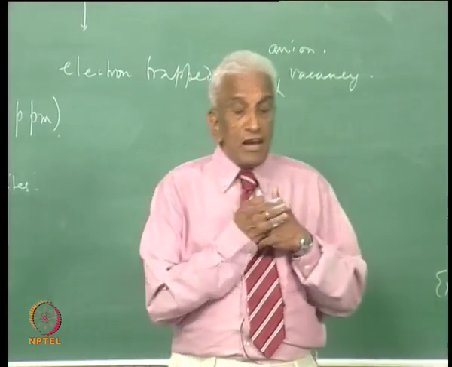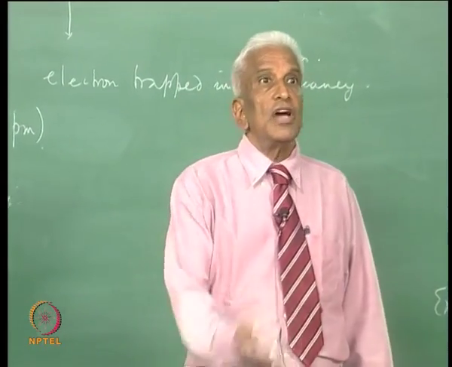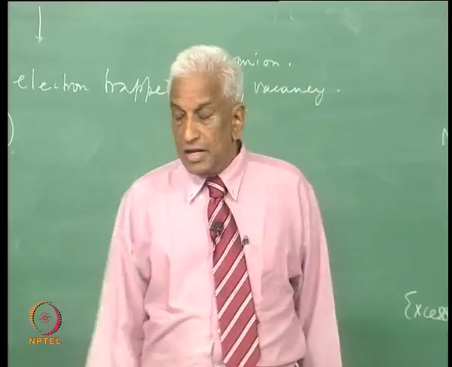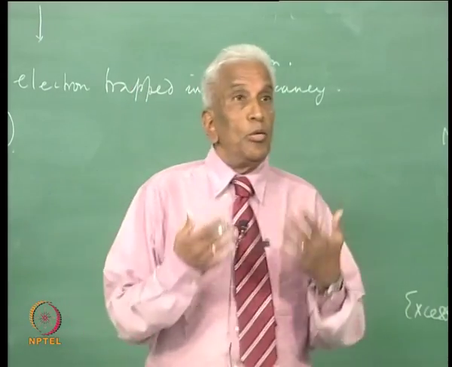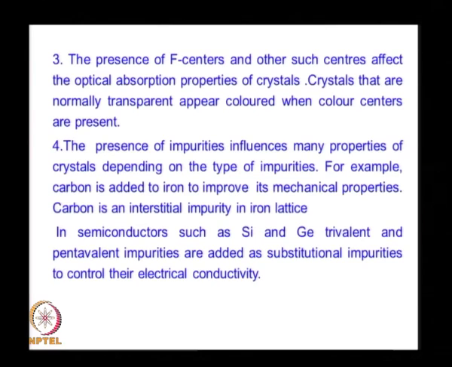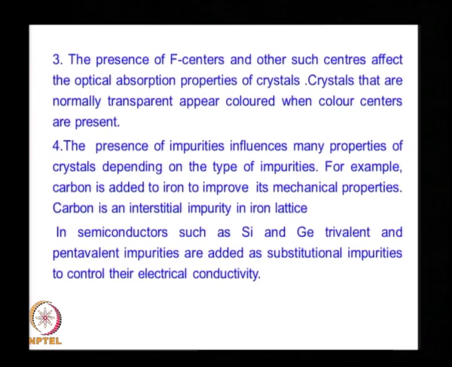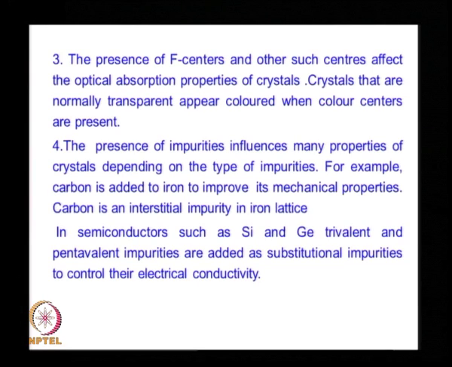If you have a pair of vacancies like a Schottky pair consisting of charges of opposite signs, then it acts as an electric dipole. So, this dipole moment causes a change in the dielectric constant, and as we have already seen, the presence of color centers such as F center and other such centers affects the optical absorption properties of crystals, and crystals that are normally transparent appear colored when color centers are present.